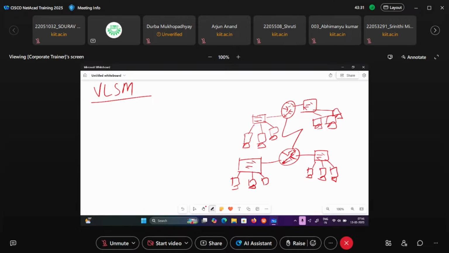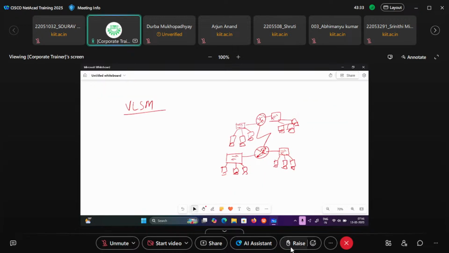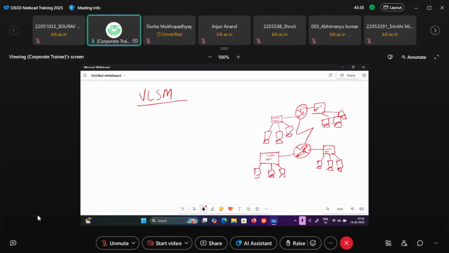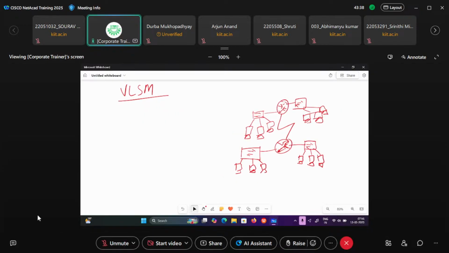That was the scenario in the previous class we discussed, right? There was one network for this switch where the required hosts are 10. In this case, 2 hosts were required.